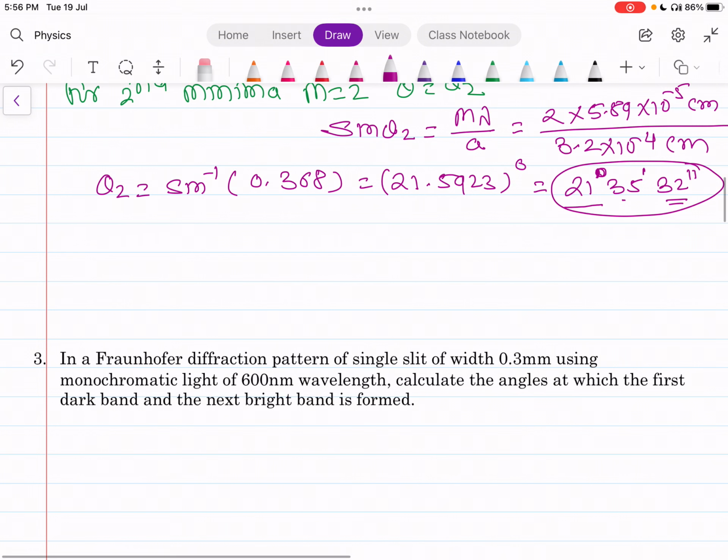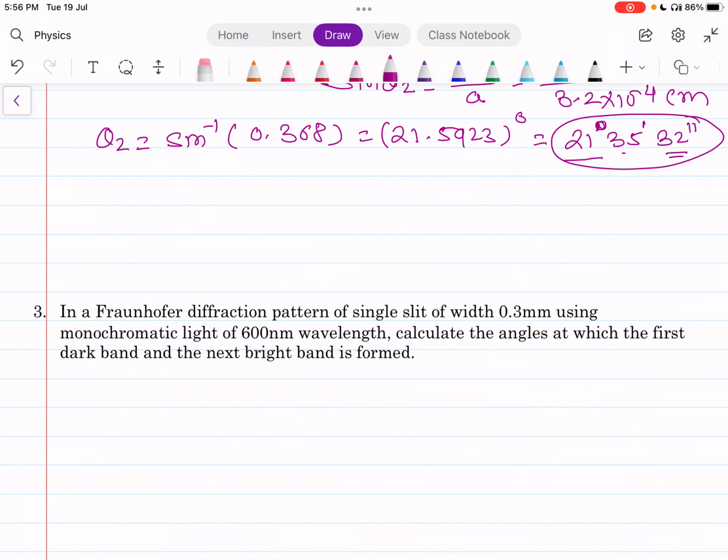Then let's go to problem number 3. For a diffraction pattern of a single slit of width 0.3 mm. So here what is given? a is given, which is 0.3 mm, and that is equal to 0.3 into 10 raised to minus 3 meter.